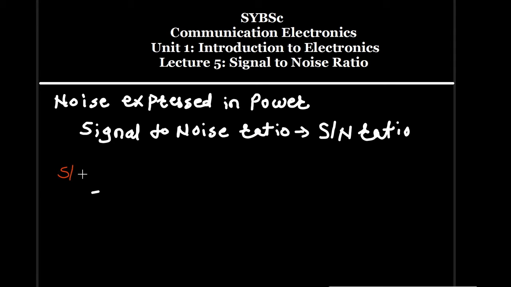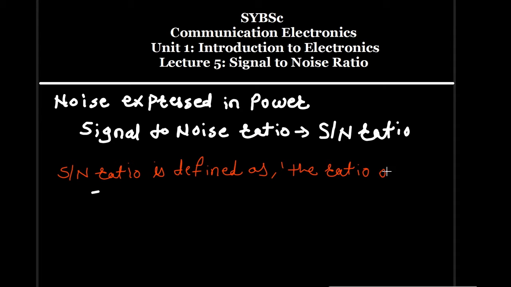that means signal to noise ratio is defined as the ratio of signal power to noise power at the same point.